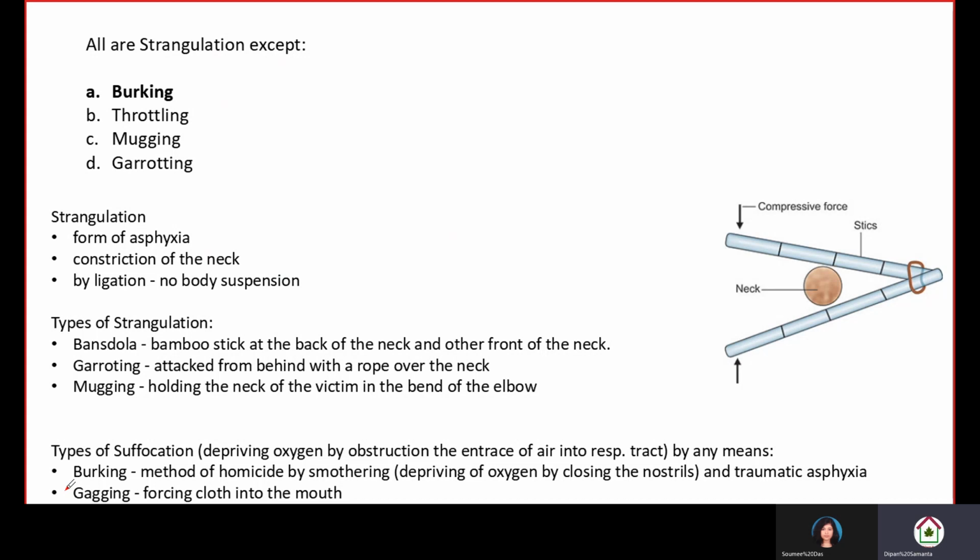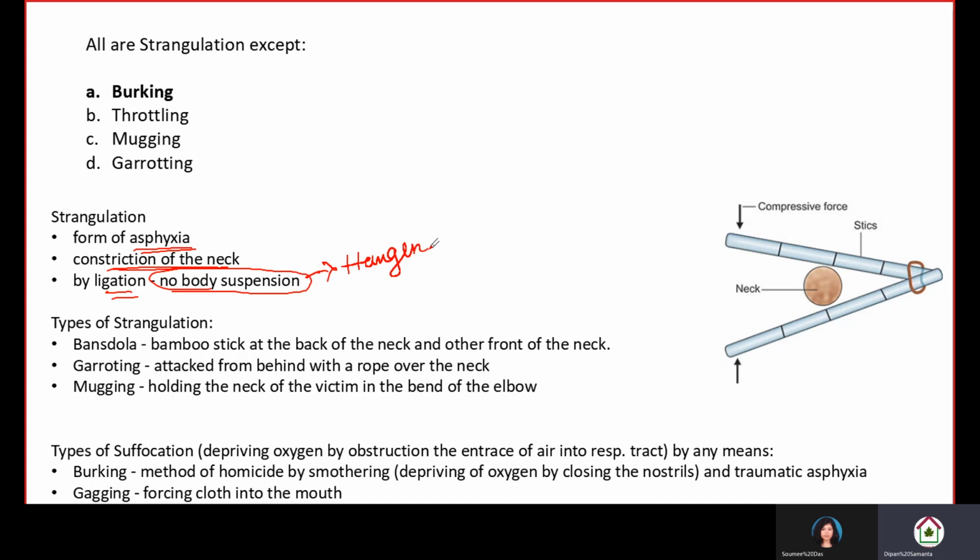So strangulation basically is a form of asphyxia, which occurs by constriction of the neck due to ligation, but no body suspension occurs in it. There is no body suspension like in hanging. This occurs in hanging, right?